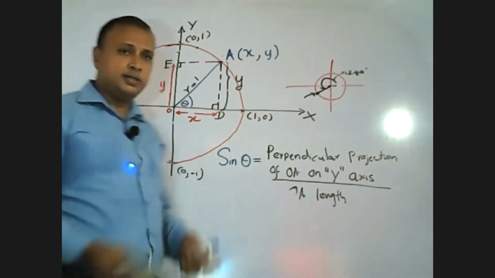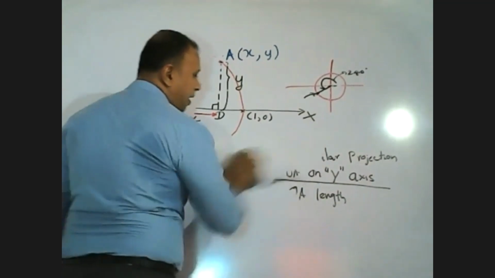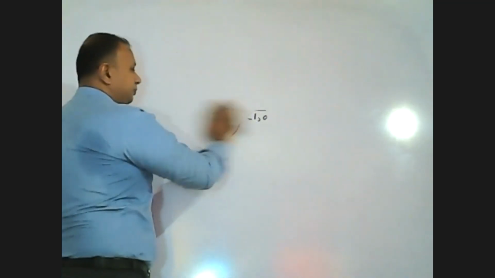Suppose the OA line segment has been rotated by theta degrees around the point O.